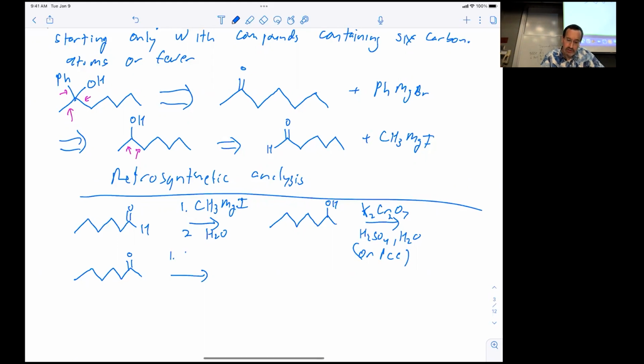So anyway, then I'll take my favorite Grignard reagent with a phenyl group in it. I'll take phenyl magnesium bromide and again carry out an aqueous workup. And now I've answered the question and generated the product of the reaction.